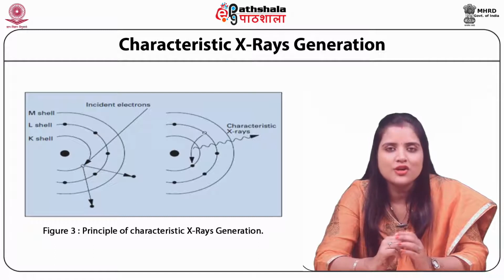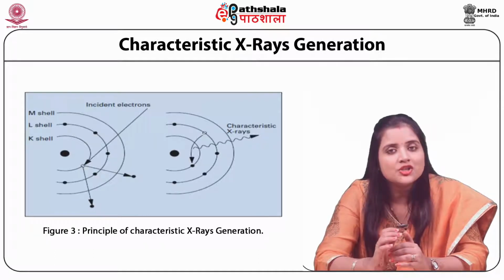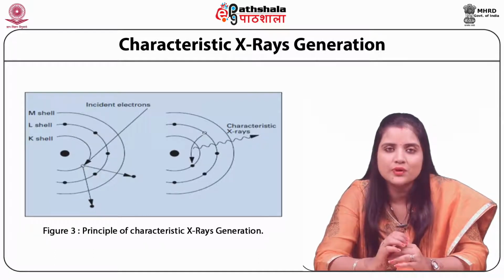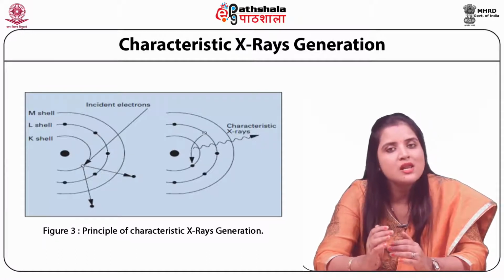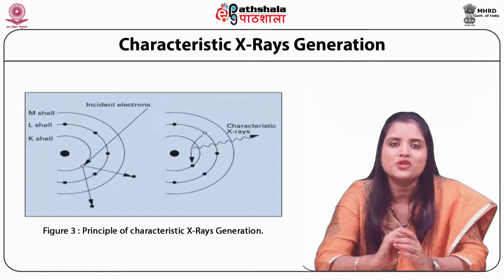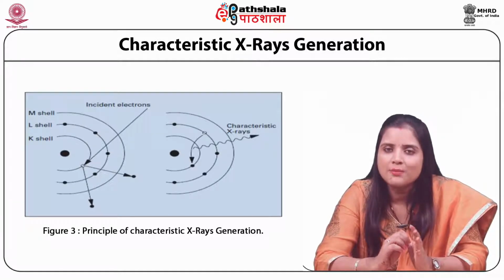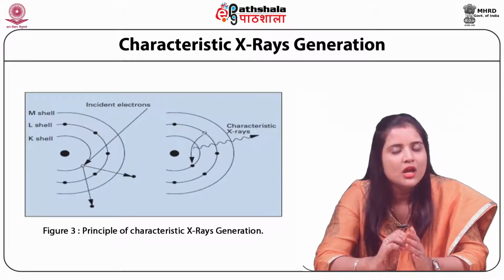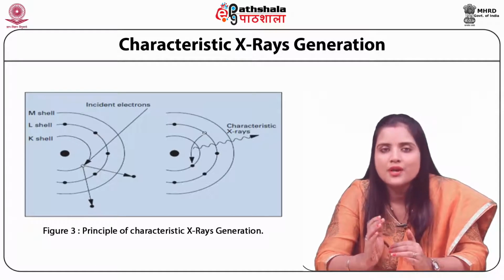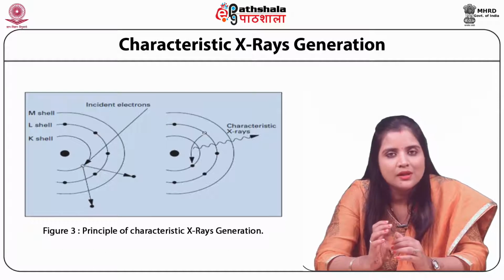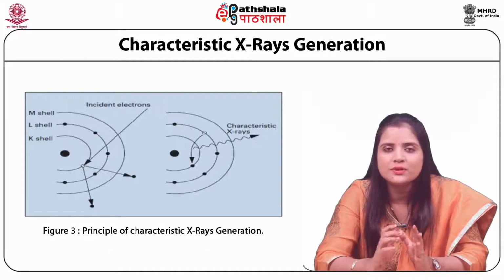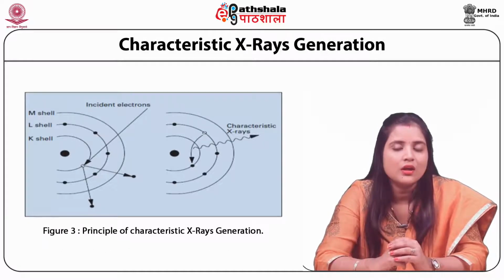The energy liberated in electron transfer depends upon which shell it is transferring from and to. The emitted X-ray energy as well as the number from the specimen is obtainable by an energy dispersive spectrometer.